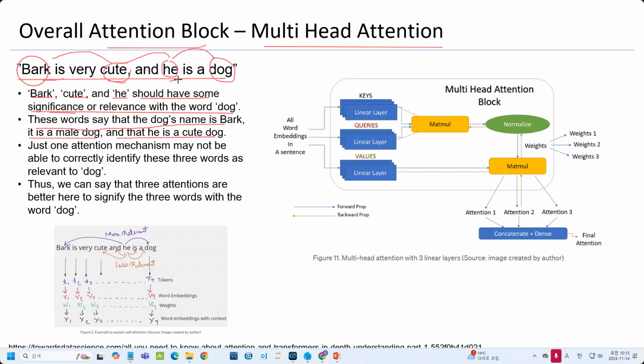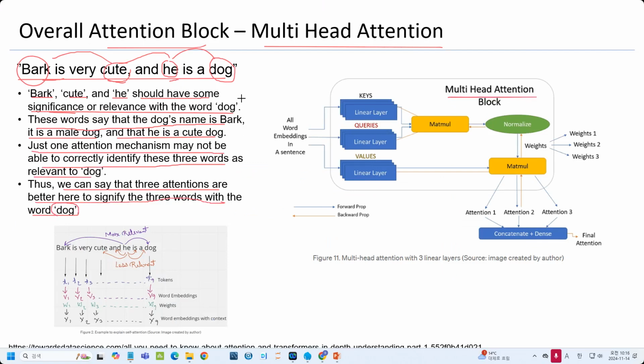And if there is high relevancy, just one attention mechanism may not be able to correctly identify these three words as relevant to dog. Thus, three attentions are better to signify the three words. So if we have more than one, we will have multi-head attention.